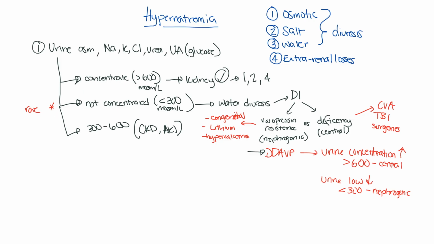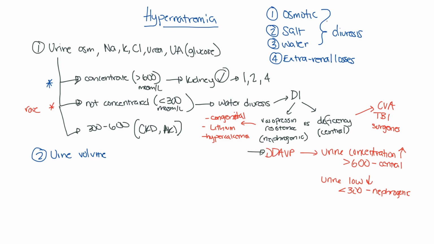The next step that we're going to do if we are here is check the urine volume. Why is that? Well, in osmotic diuresis, we talked about how this is an excess amount of osmoles that the kidney has to pee out, and so obligate urine output is going to come out with it.